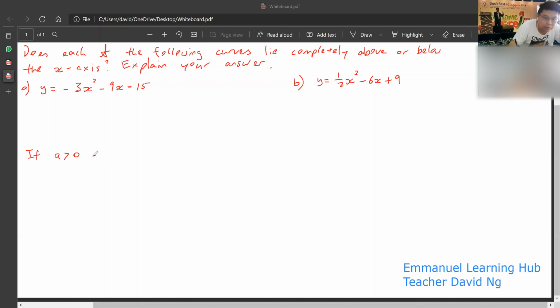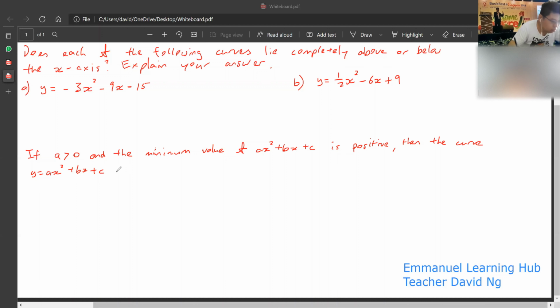Okay, if A is greater than 0, and the minimum value... okay, do you understand this line? Why is it like that?